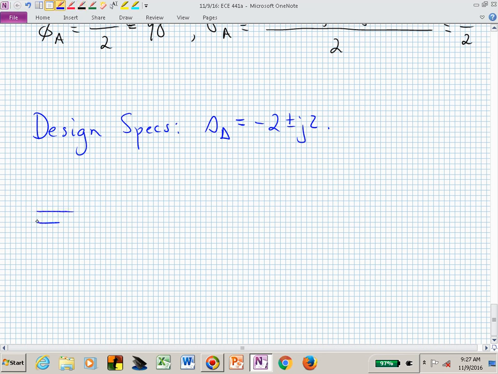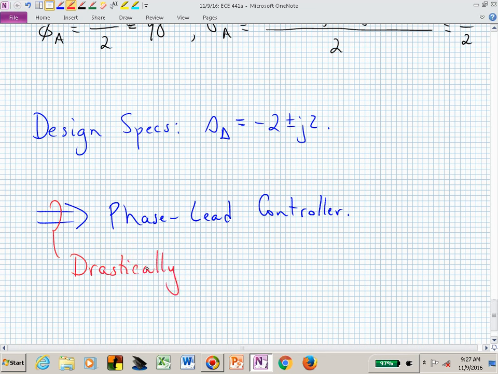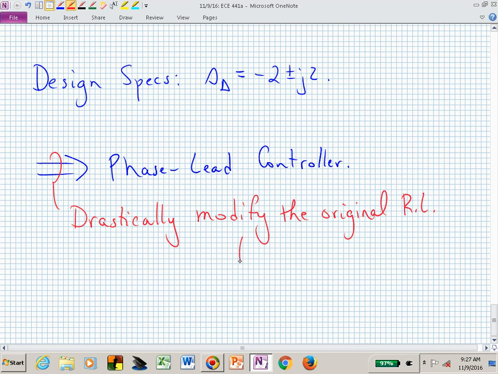And that means one way to do that is to introduce a phase lead controller. This is now saying that we want to drastically modify the original root locus, or in this case, root locus with pure gain control.